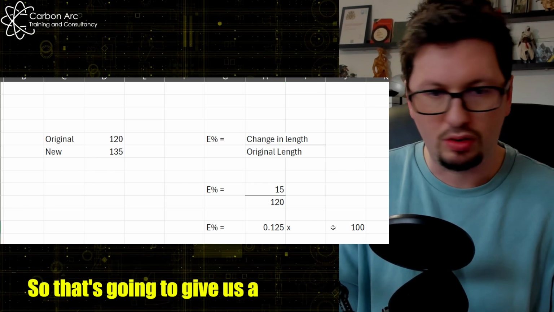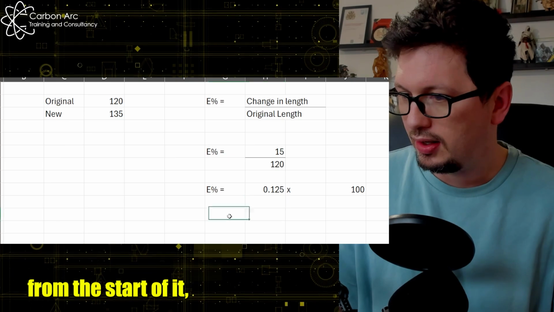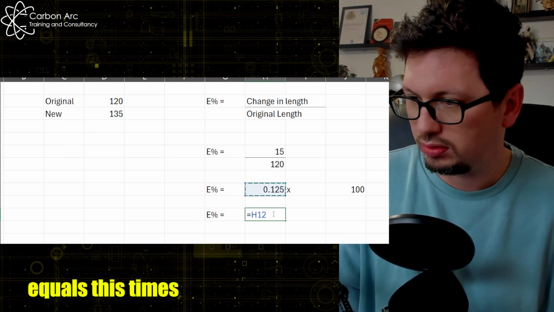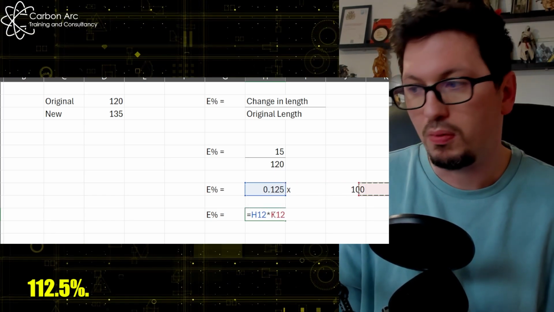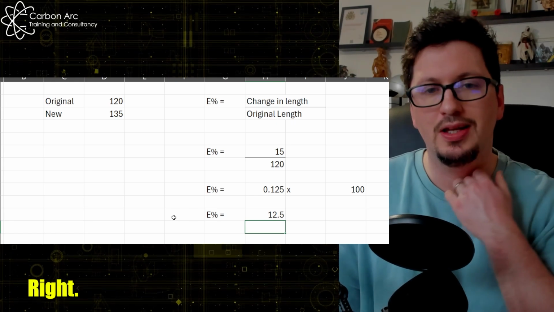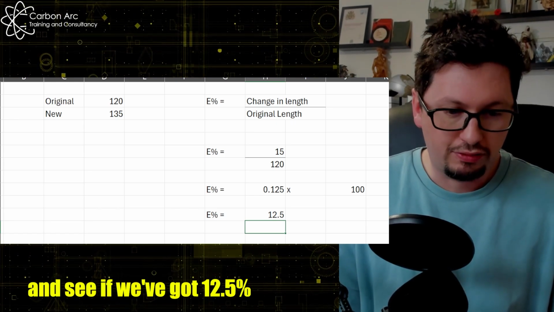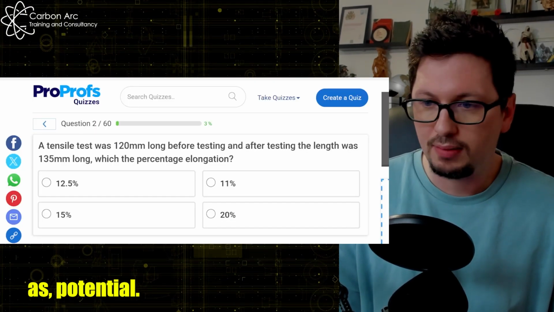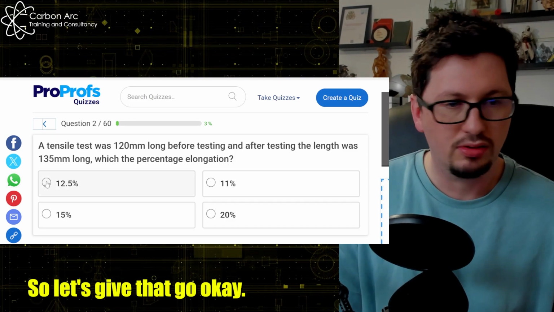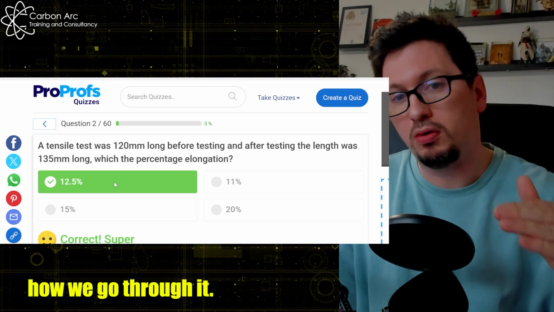So that's going to give us a percentage increase equals this times 100. It's 12.5%, right? So now we can go back to our answers and see if we've got 12.5% as a potential. Yeah, so A here is 12.5%. So let's give that a go. Great, that's correct. But that's how we go through it.